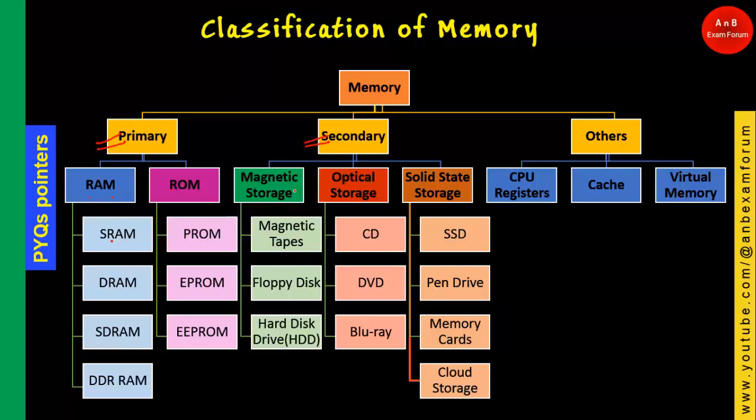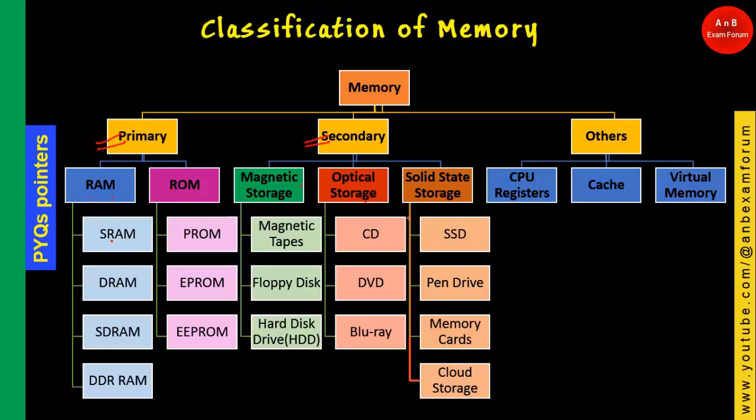Coming to the secondary storage: magnetic storage, optical storage, and solid state storage. In magnetic storage we have three types. In optical storage, commonly these are the three types: CD, DVD, and Blu-ray.